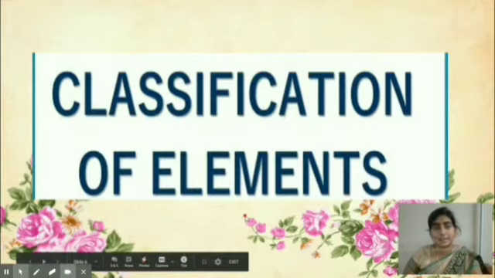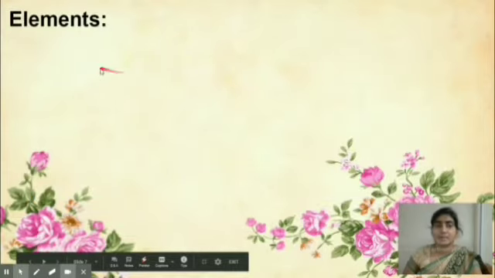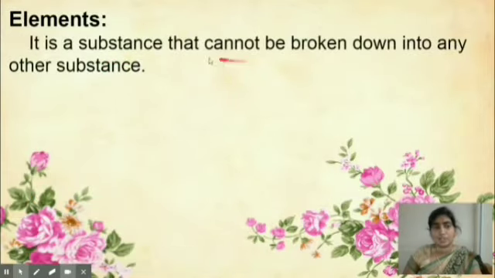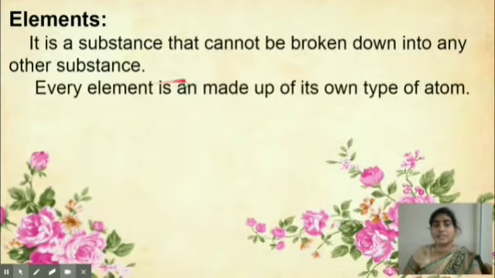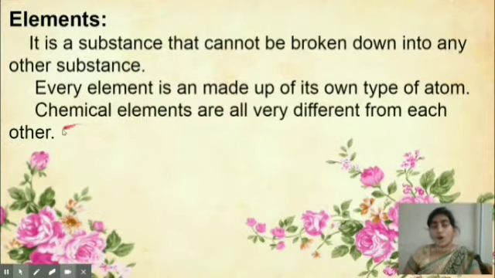Classification of elements. You have already studied about elements, right? So, what is an element? An element is a substance that cannot be broken down into any other substance. Every element is made up of its own type of atom. This is why the chemical elements are all very different from each other.